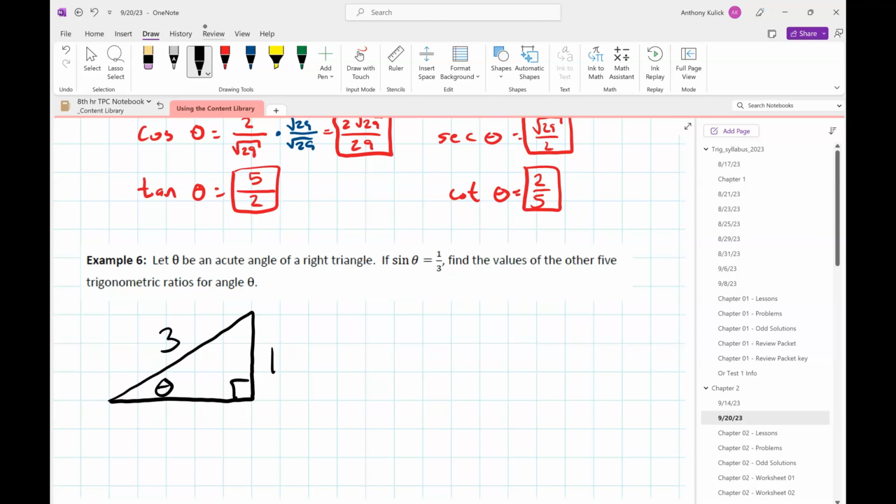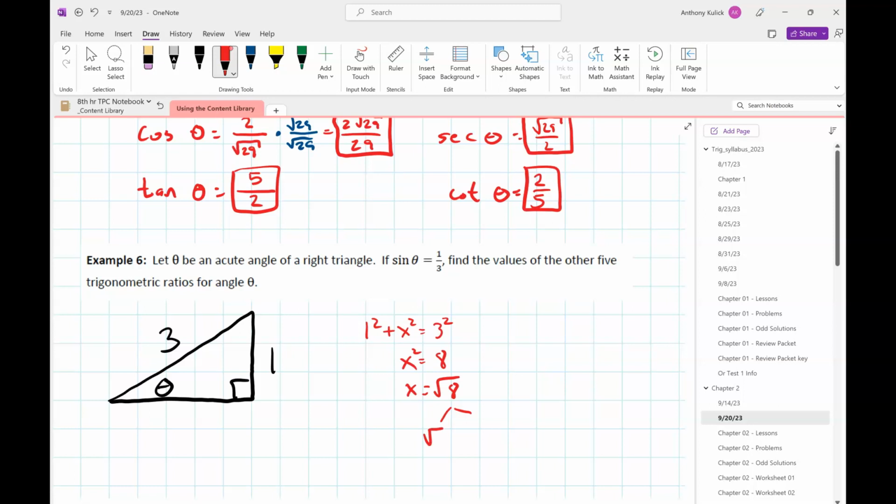How am I going to find that adjacent side? 1 squared plus x squared. Pythagorean theorem. 1 squared is 1, 3 squared is 9, 9 minus 1 is 8. We square root both sides. Can I simplify the square root of 8?